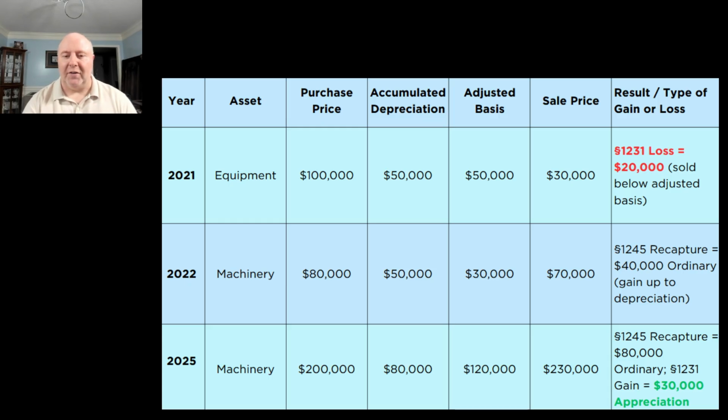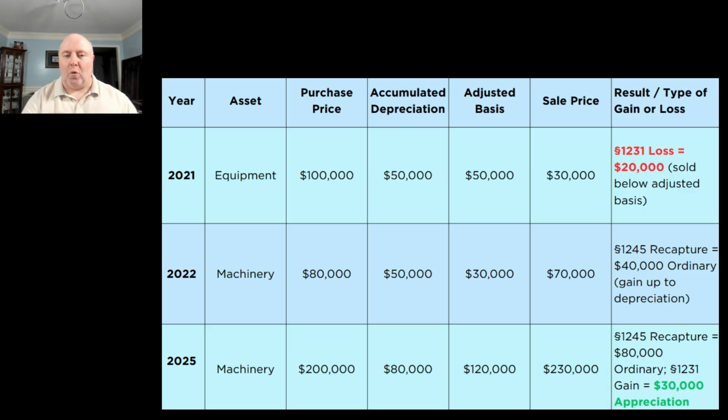So let's look at this. $80,000 minus $50,000 accumulated depreciation tells us our adjusted basis is $30,000. What is our realized gain? We take the sale price minus our adjusted basis, 70 minus 30. It means that we sold it for more than what we had for basis, so we have realized $40,000 of gain.